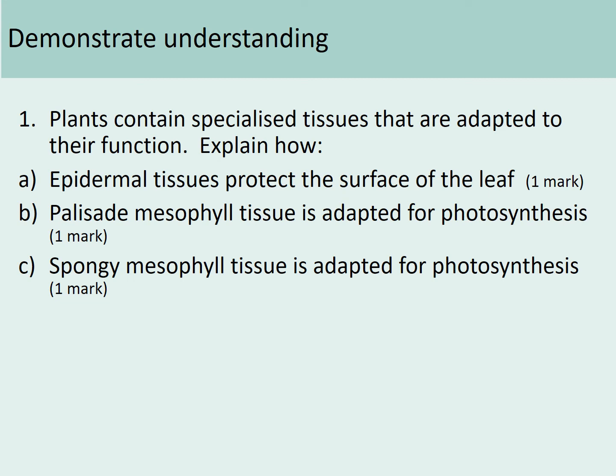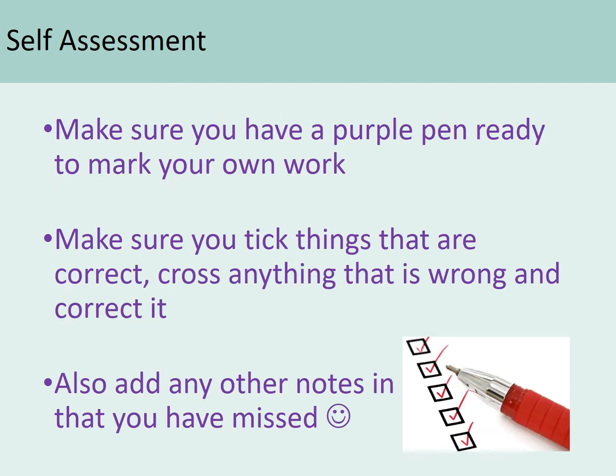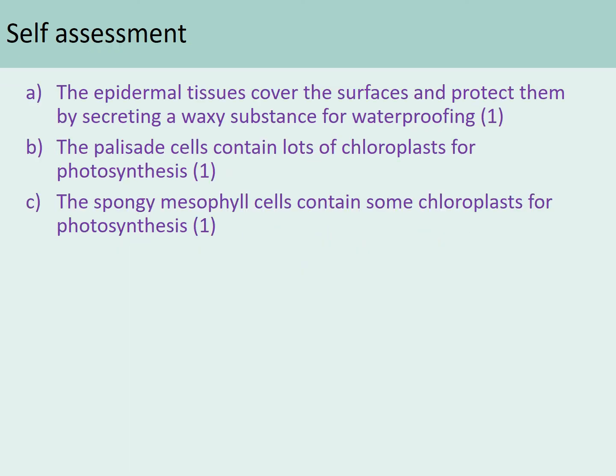Okay, so grab a different colour pen. Let's see how we did from our memories of what we've just done. The first question was asking how the epidermal tissues are adapted for their function.